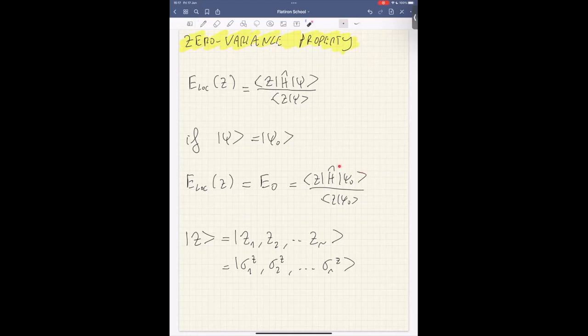But now, you see why the local energy would be constant if psi is an eigenstate.